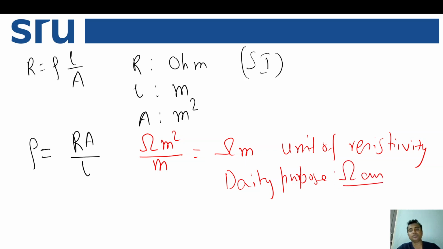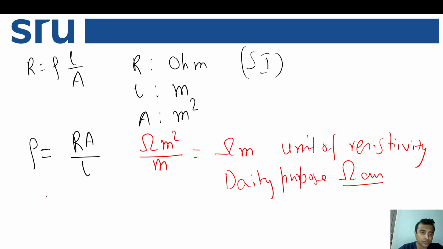So this is also being used for resistivity, for your everyday purposes. Okay, so this is all about resistance, and we can also measure resistivity by different methods. But hopefully in this lecture we can solve some simple problems also here.